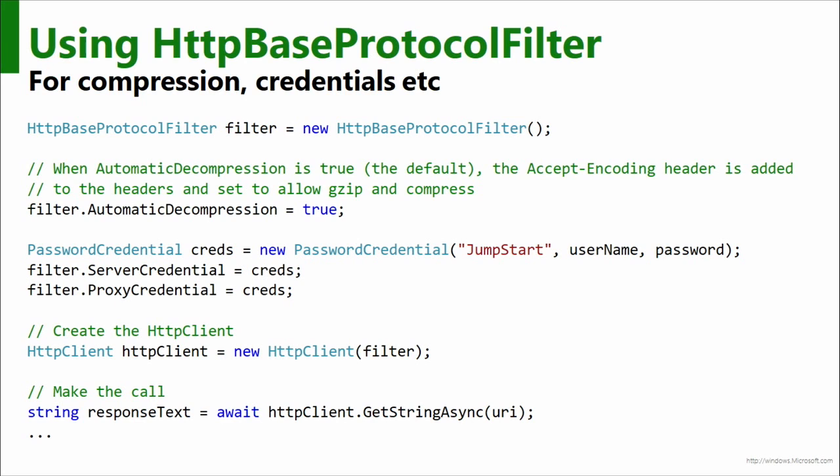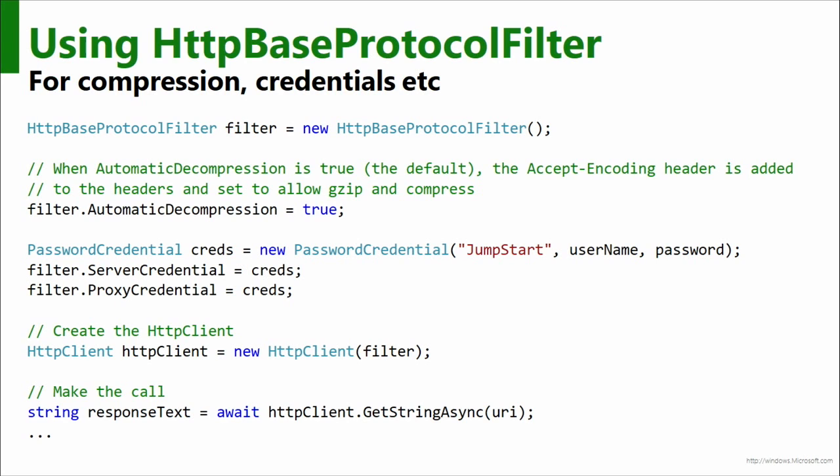So here you are, you new up a HTTP base protocol filter, set the automatic decompression property to true, and then for good measure we're actually passing some HTTP basic authentication credentials. So you can pop a password credential, you can pass the credentials into that object as well.